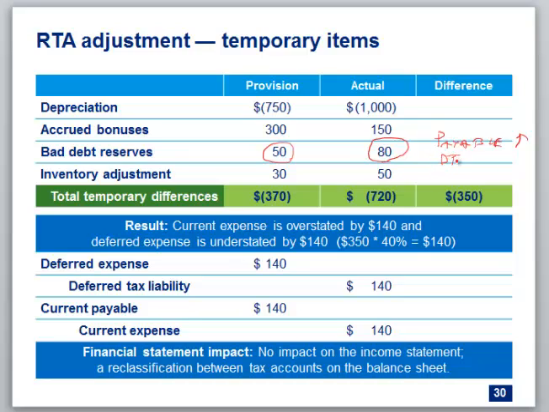Well, yes. We had a DTA. That's going to go up. So that debit will change. Okay? So if your credit goes up by 40% of that 30 difference, and your debit and your DTA goes up by 40% of that 30 difference, then you have a balance sheet entry where there is no provision effect. Right?